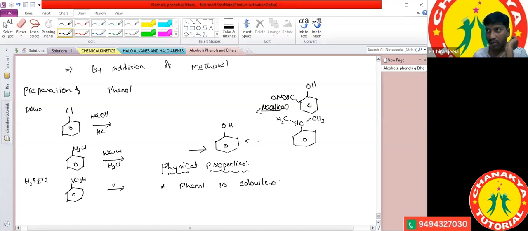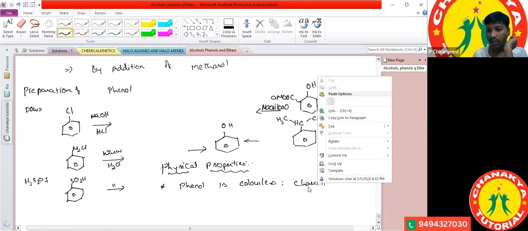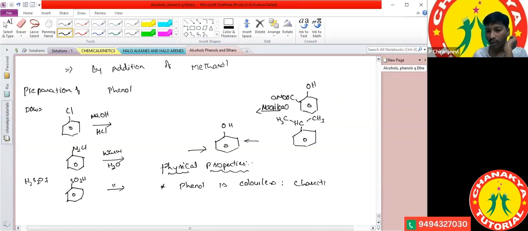It has a characteristic odor, which we call the phenolic odor. Characteristic smell, it will be there. Okay, it is colorless and it has a characteristic smell here.